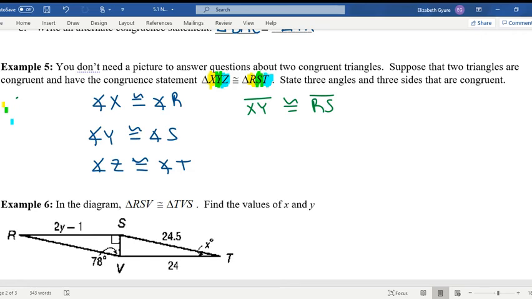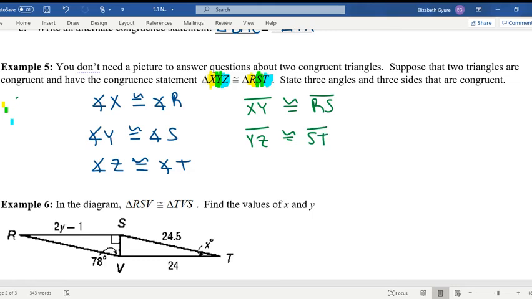If I can say that segment XY is congruent to segment RS, what else could maybe work? I'll start you off on the one side. What if I told you that one of the sides was YZ? What could I say YZ is congruent to? ST, yeah.